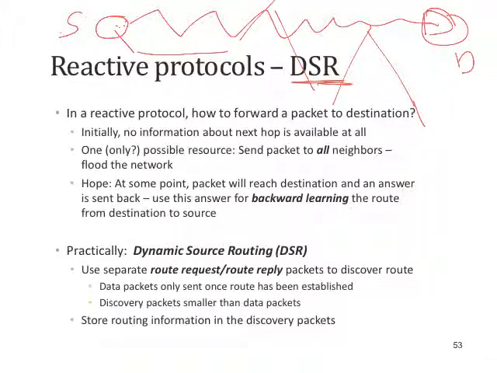Okay? Which is what we are referring to here as backward learning. So we know how to go back. So we flood the network and then we know how to go back. But why would anyone want to do that? The one that you mentioned before, the proactive, is much more efficient, isn't it?